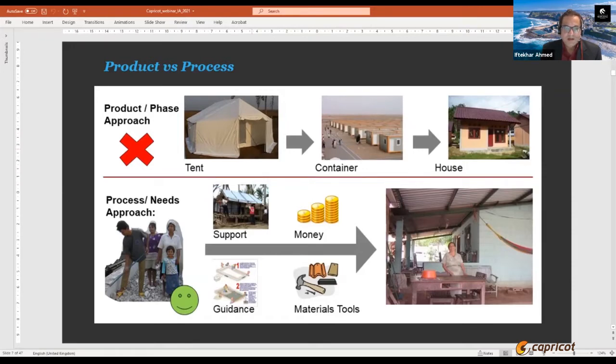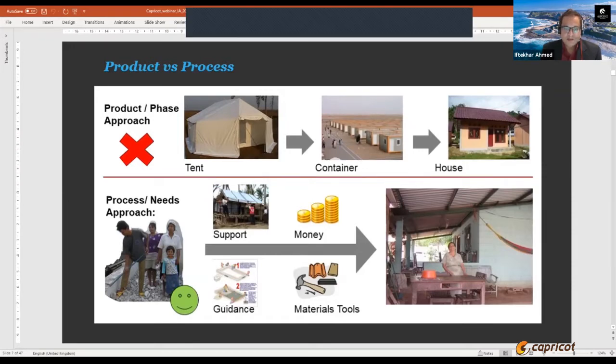And the process approach is somewhat different. You start providing support, you give them training, you give them toolkits, you give them cash, and guidance through training manuals and training programs and materials and tools. And so this approach has started shifting. If you go back to about 20 years ago, this is what the humanitarian organizations were doing, but this is increasingly what they've been trying to do now.